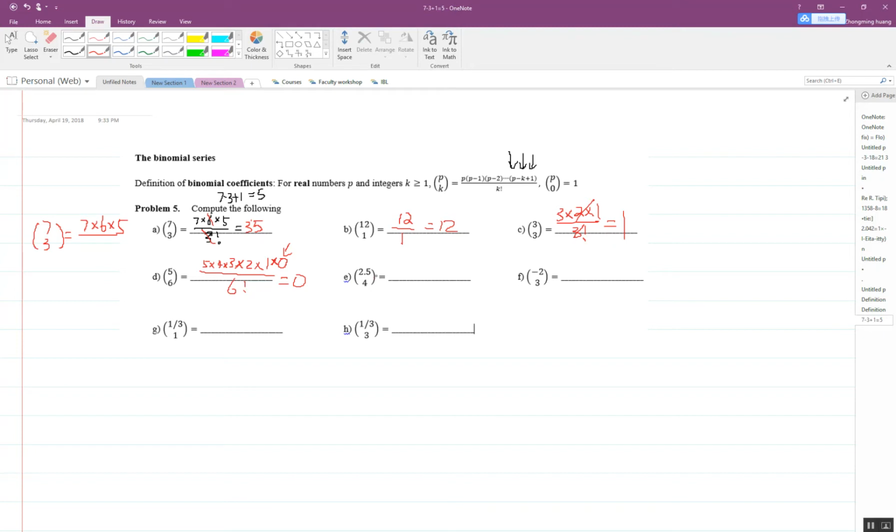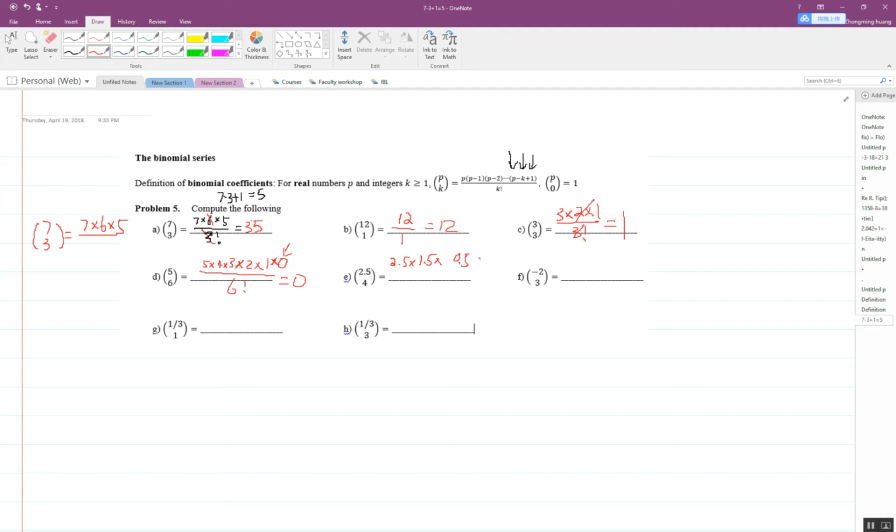Alright, same idea, 2.5 choose 4. In this case, you cannot use the explanation of how many ways to choose 4 people out of 2.5 people. There's no way you can explain that. We can do that only if they are integers. So in this case, we are going to follow the definition. It will be 2.5 times one less, which is 1.5, times another one less, which is 0.5.